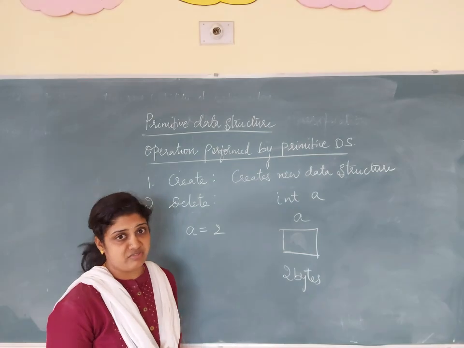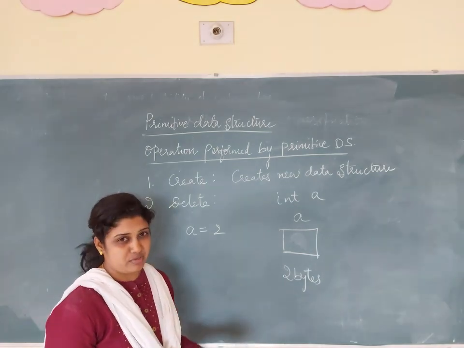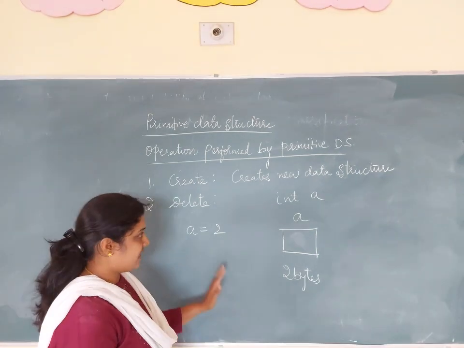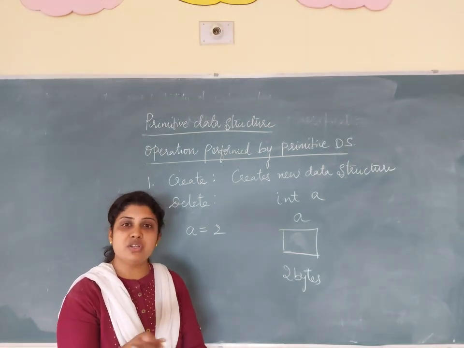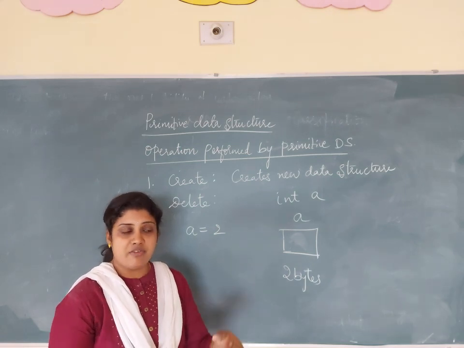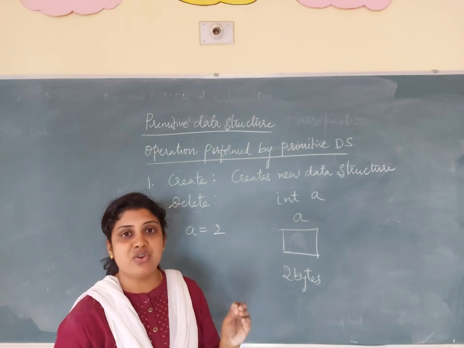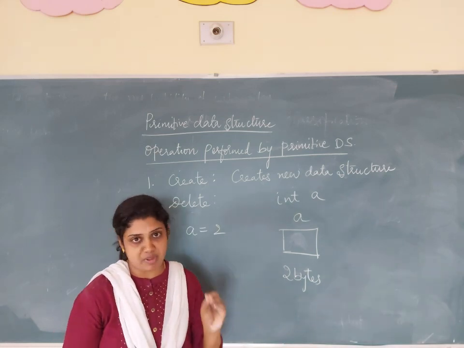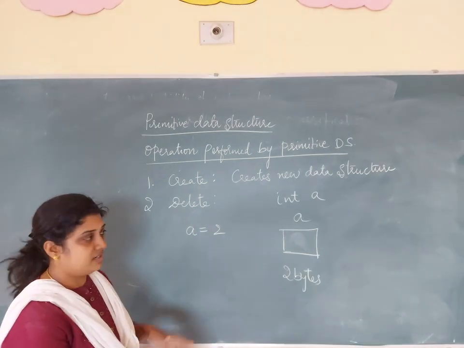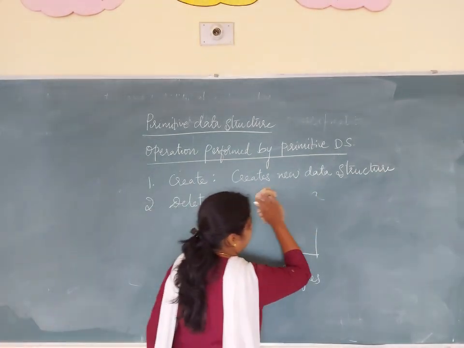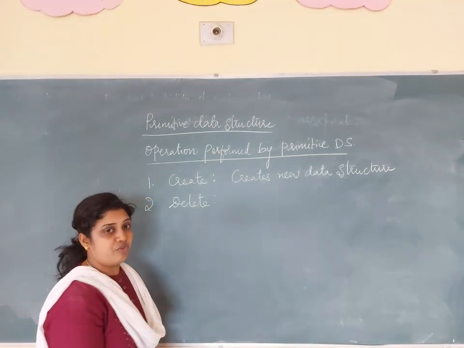And this memory will be useful for some other program or some other data storage. Once the program execution ends, you have to delete the data from that memory space. That can be performed by using this delete operation. Delete is mainly used to delete or remove the data from memory space.